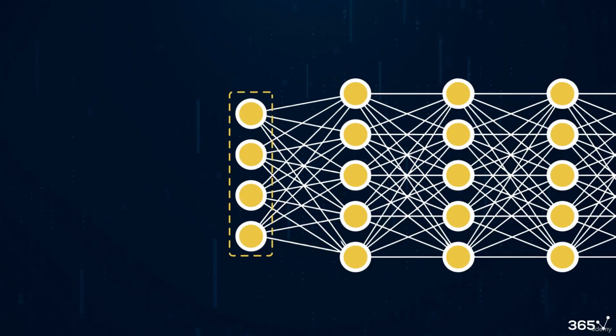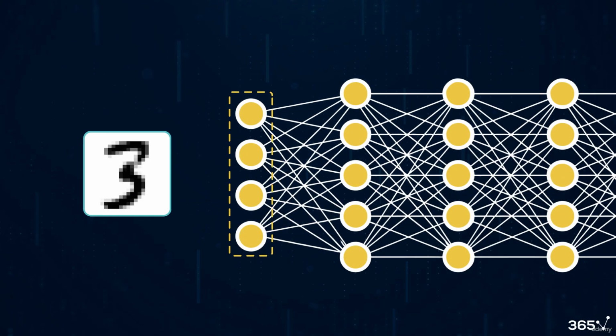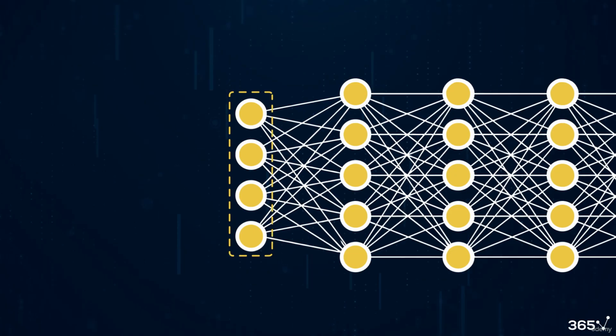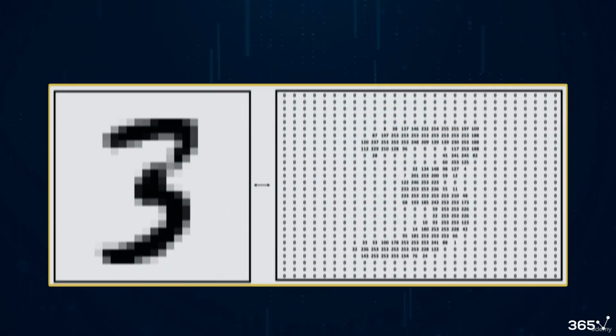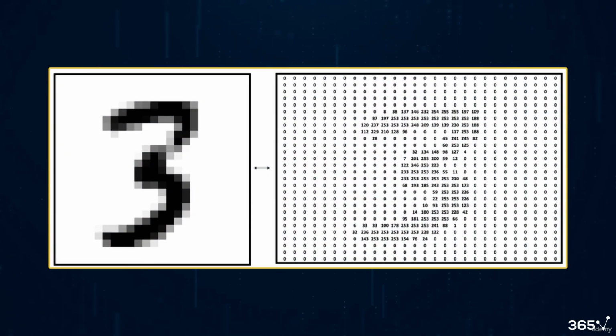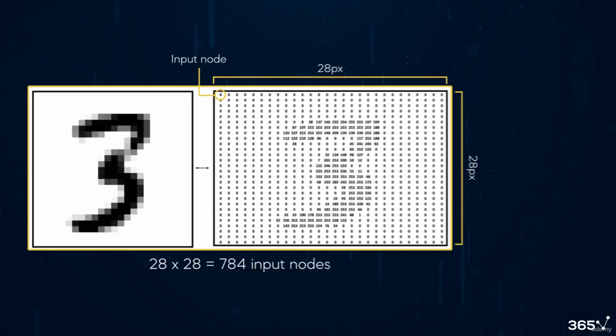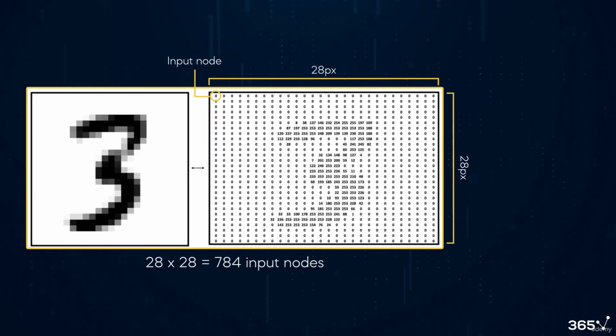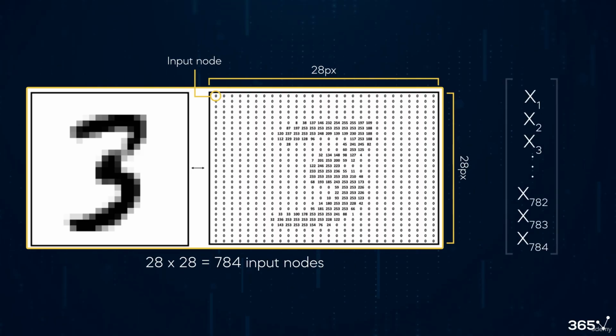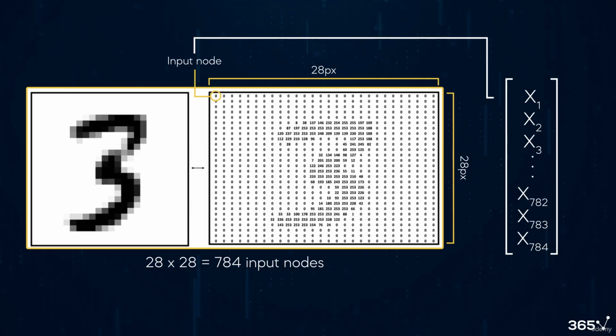The process starts with the input layer of the ANN receiving an image of a handwritten digit. Each pixel of this image serves as an input node. In the case of MNIST, images are 28 by 28 pixels, so the input layer typically has 784 input nodes. Imagine that the 784 input nodes are stored as a vector inside the neural net to form the input layer.